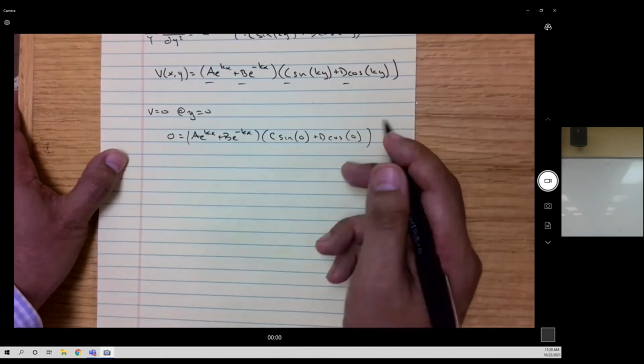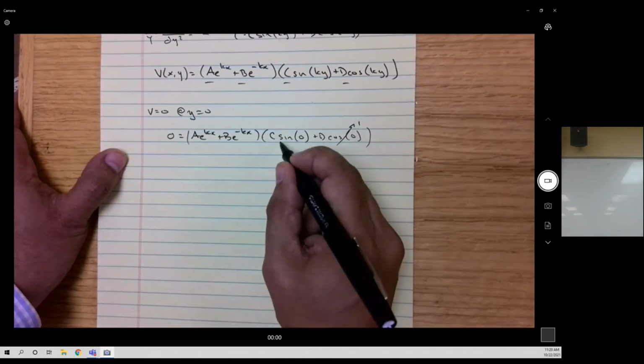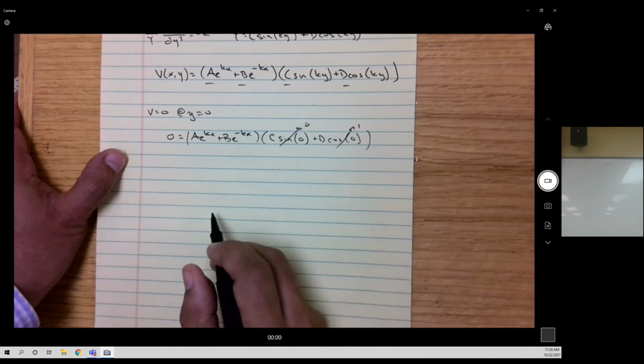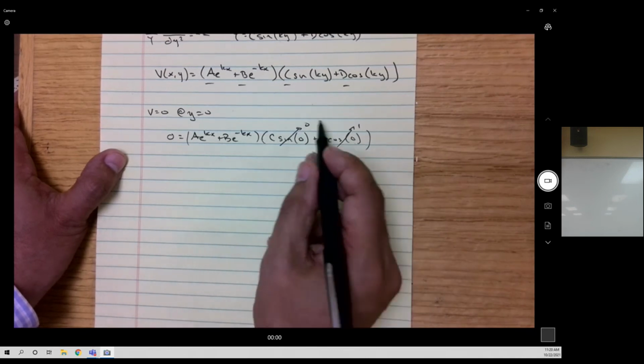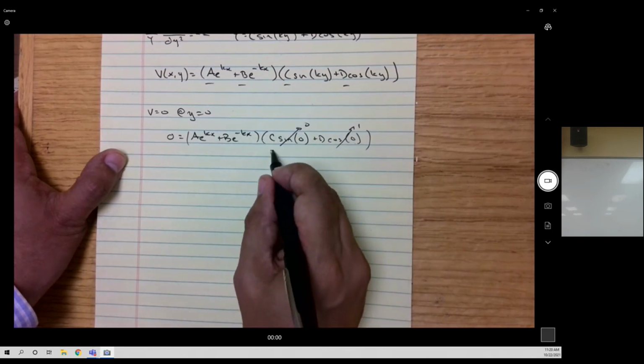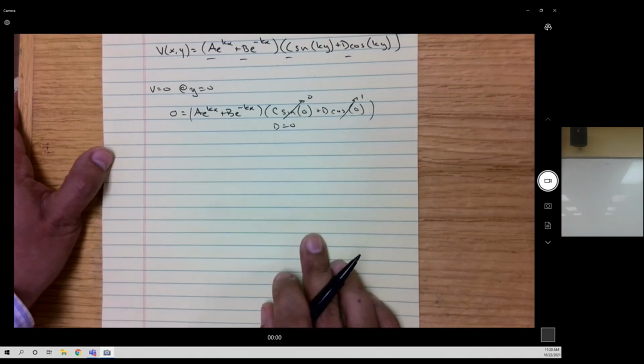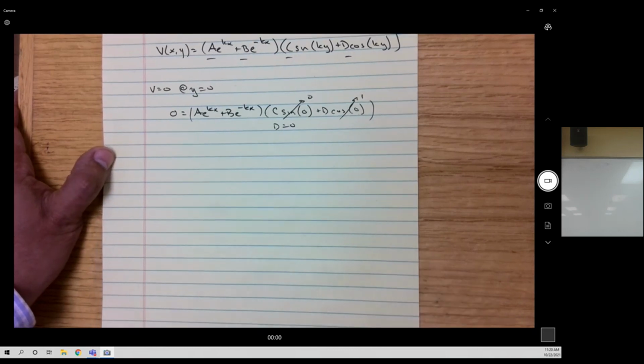Cosine of 0 will be 1, sine of 0 is 0. So the only way this function can be 0 is if D equals 0. So we solved one of those variables.